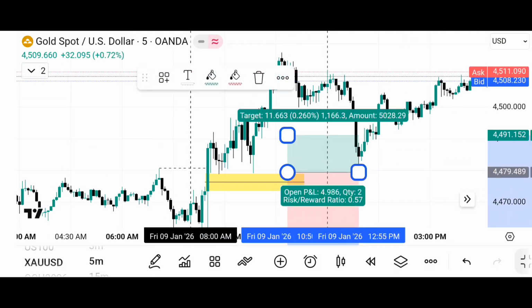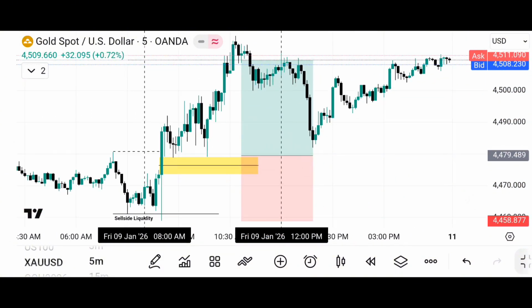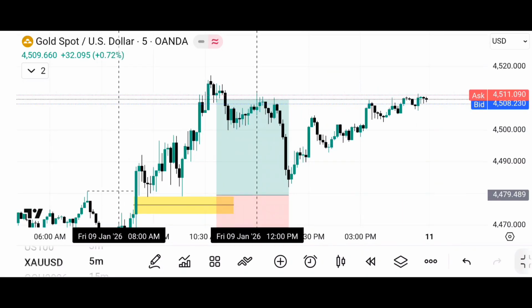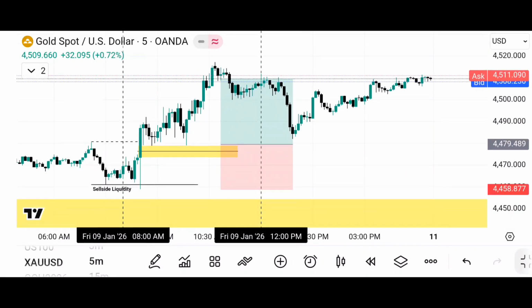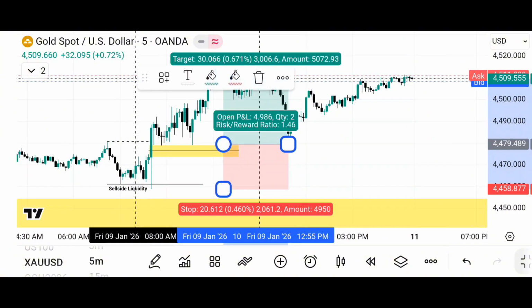Let's say you closed the trade towards this high being created.